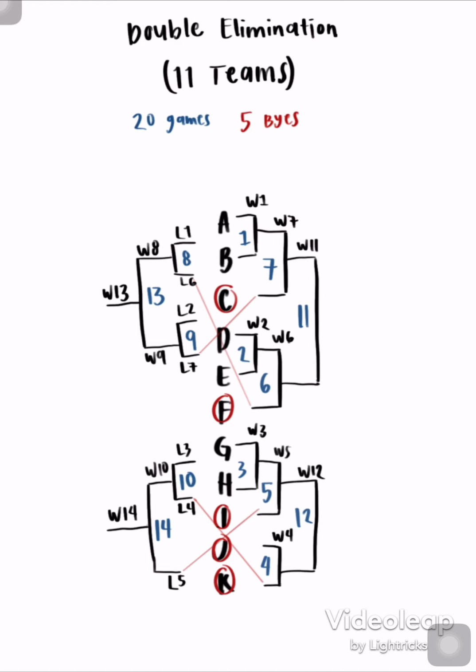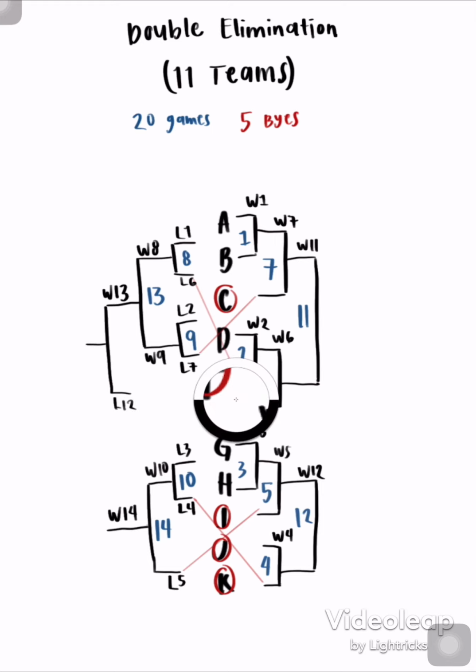So since we have more losers in the right side, we can still proceed with the losing side. So over here, winner 13 can compete with loser 12 from game 12. So put it here.